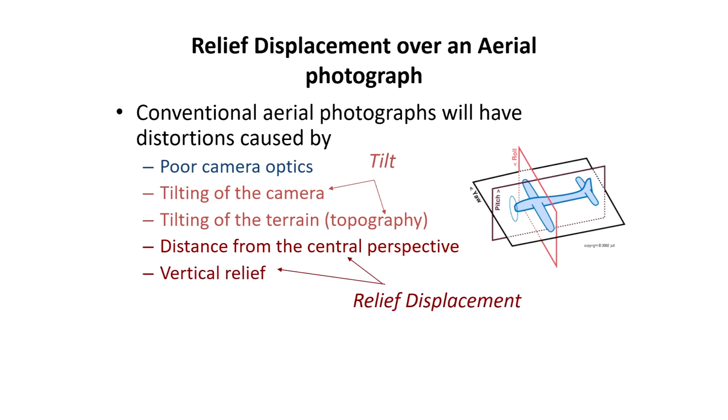Vertical relief again will give you the relief displacement. So the second and third points will give you the tilt, whereas the third and fourth points will give you the relief displacement. Hence the photograph scale will not be uniform throughout.